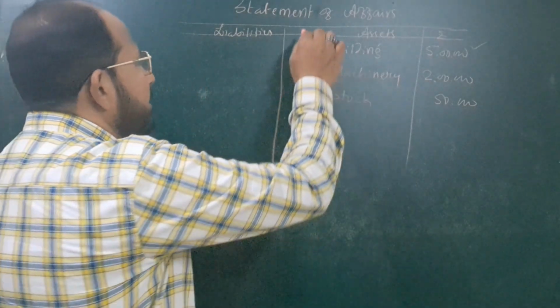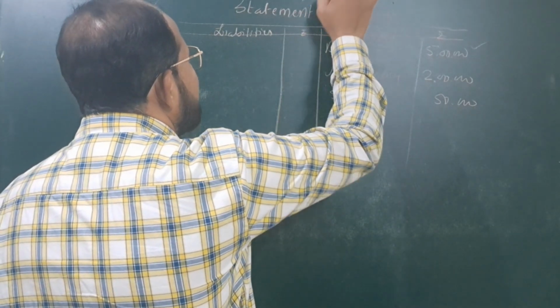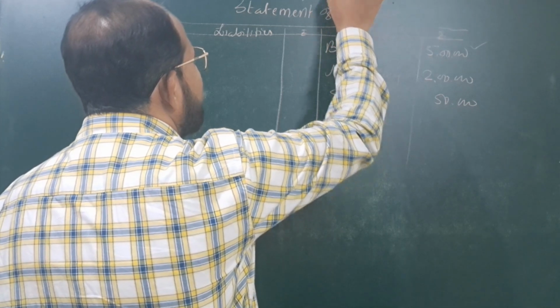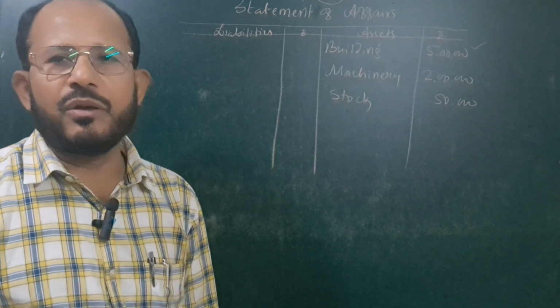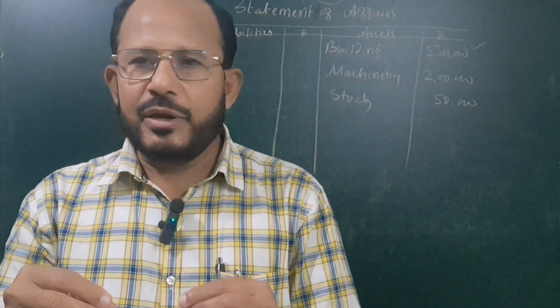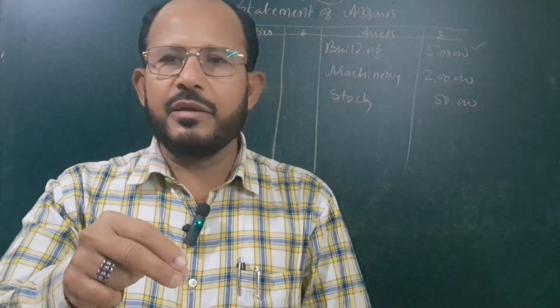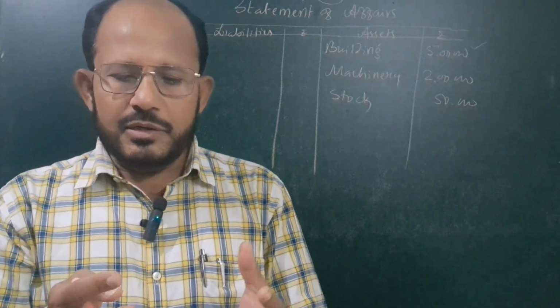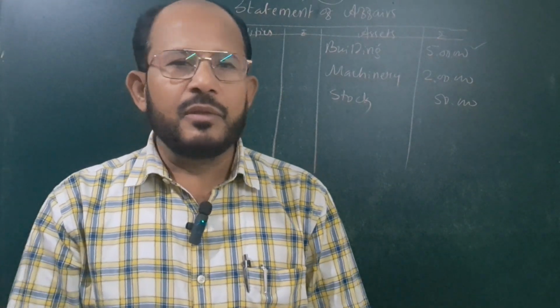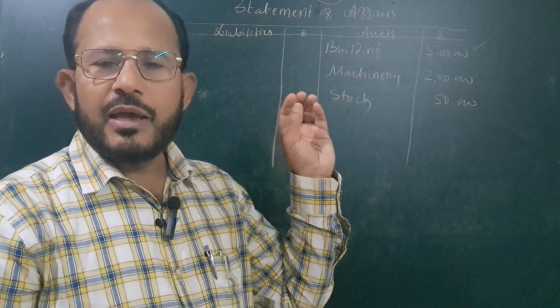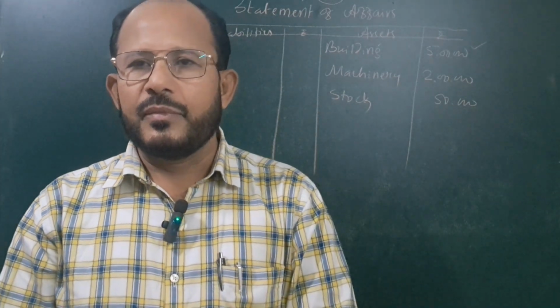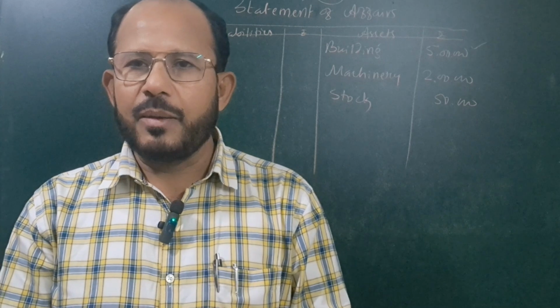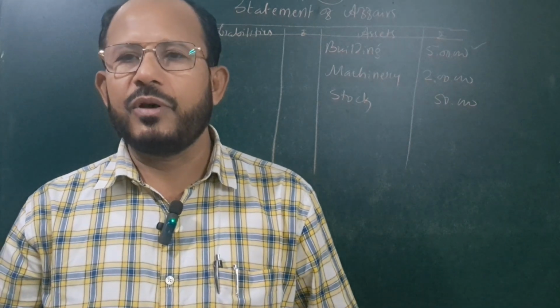Here two statements we generally prepare. One is the opening statement of affairs. The next one is the closing statement of affairs. The opening statement of affairs is prepared by taking the opening values which are given in the problem, and we find out the difference. That difference is called the opening capital. For calculating the opening capital, we prepare the opening statement of affairs.